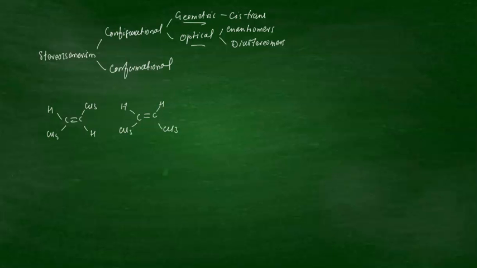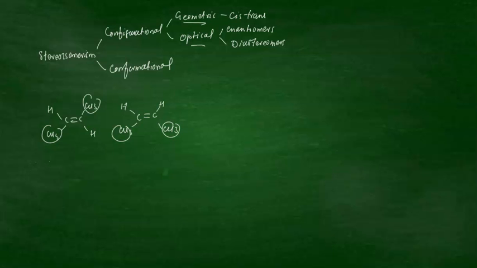Both are 2-butene molecules, but in one case the two bulky groups are on the opposite side, and in another case the two bulky groups such as methyl are on the same side. Such type of geometric isomers are known as cis-trans isomers.